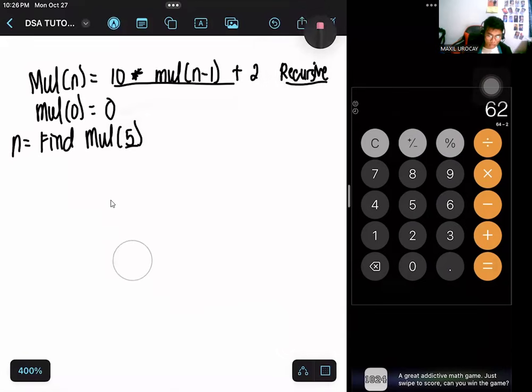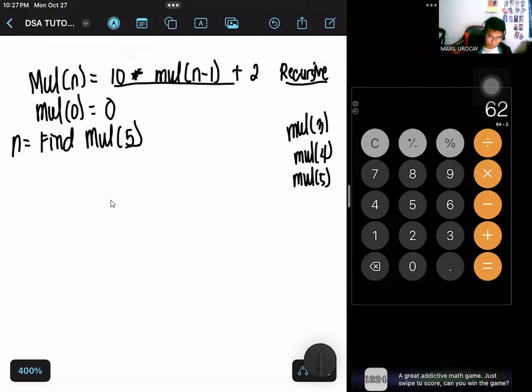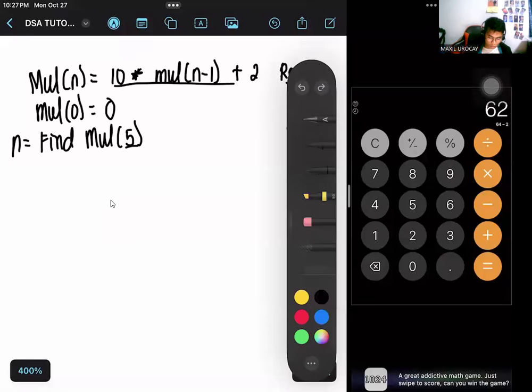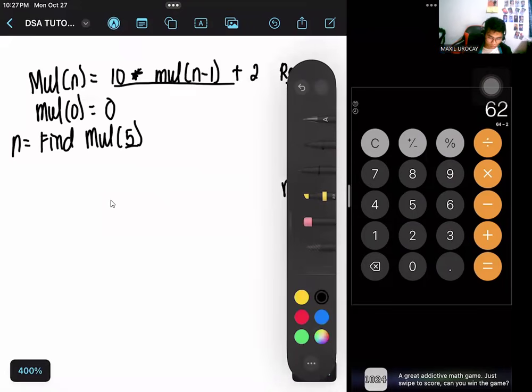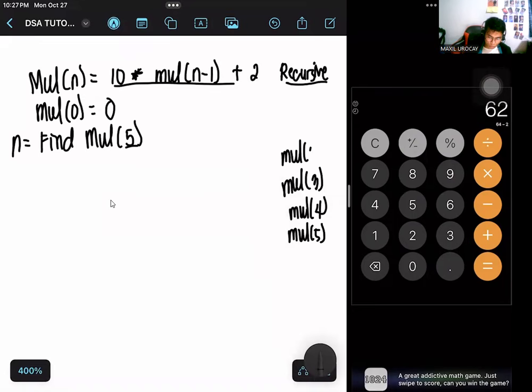So let's try to go ahead and work on it using a stack. Mul 5 will be at the bottom, then mul 4, and so on, and mul 0 will be at the topmost.